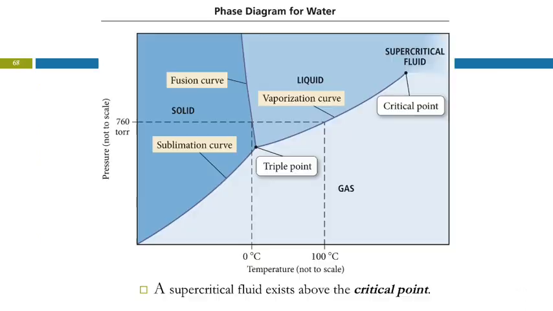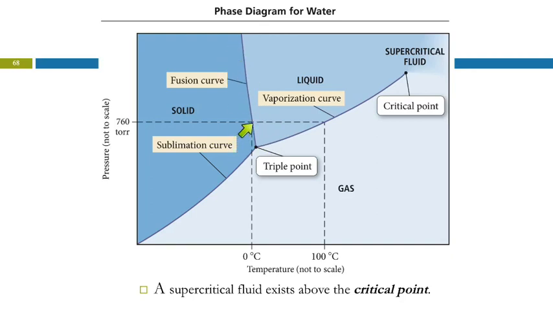Let's identify those. This is the sublimation curve. If you want to know at what temperature ice will sublime, at certain pressures, this will tell you. And the vaporization curve, the fusion curve.